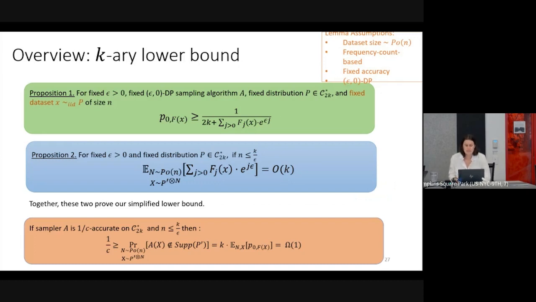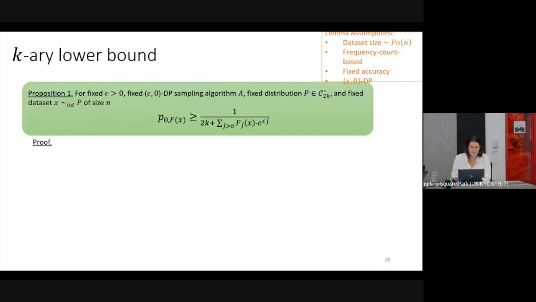Okay. So let's start by proving proposition 1. So first notice that if we sum up the number of items that occur j times the probability of releasing something that occurs j times, that gives us just the probability of releasing really anything in the domain. So that's 1. We can then separate out the terms for releasing something with a count of 0, right?